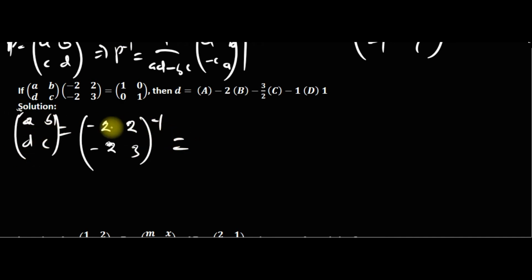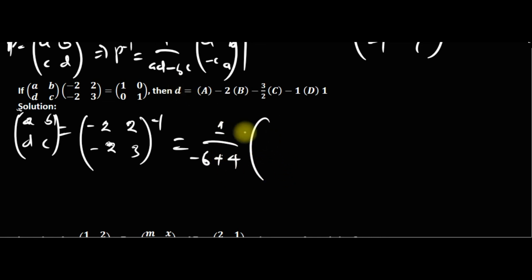So we need to find the inverse, and remember the inverse of this 2 by 2 matrix is 1 over the determinant. Minus 2 times 3 is minus 6. Minus 2 times 2 is minus 4. So minus 4 is plus 4.